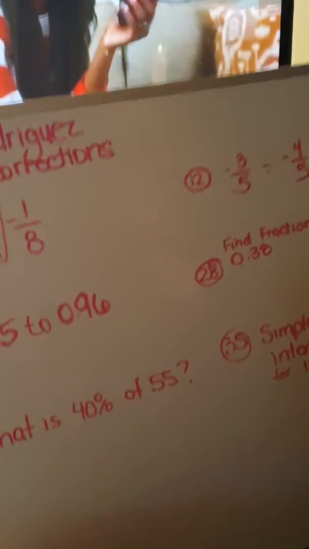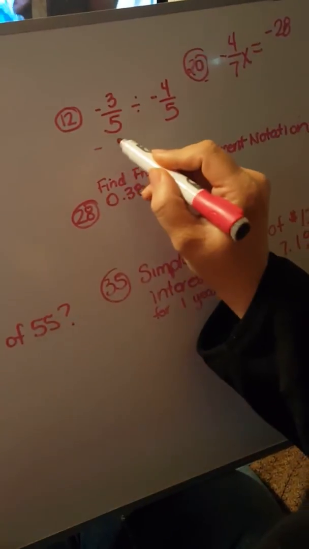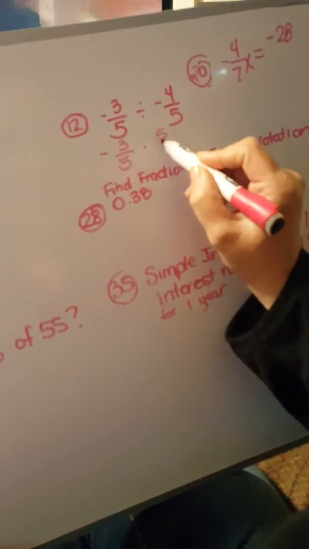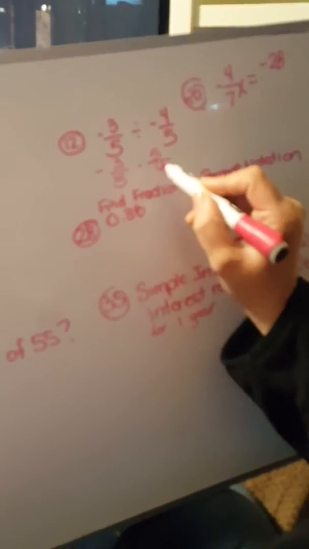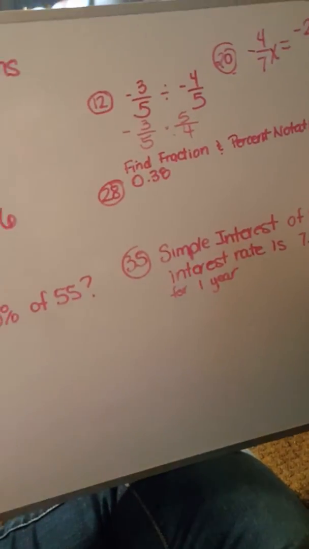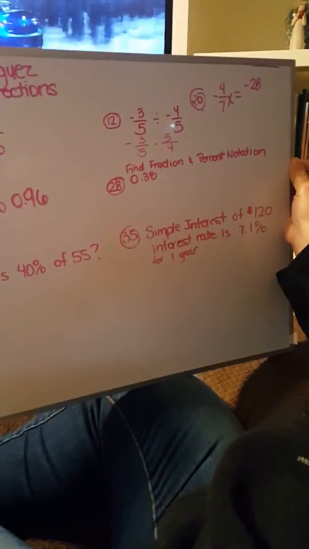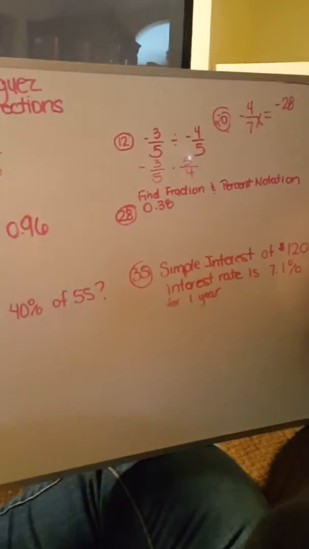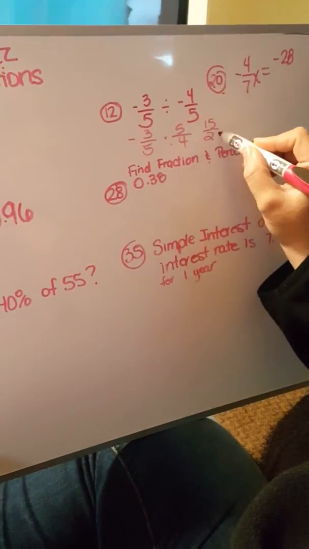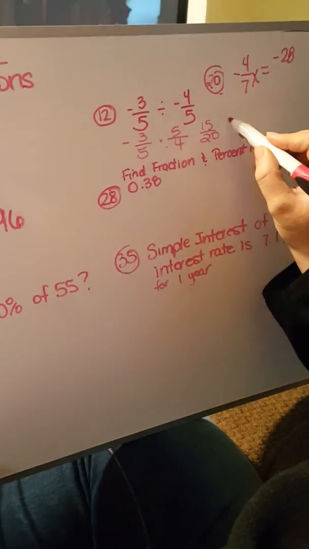And then for number 12, we have -3/5 divided by 4/5. So all we do is flip those, make it into a positive, and that is on the bottom. Making that 15/20, and that can still be reduced. 5 goes into 15.